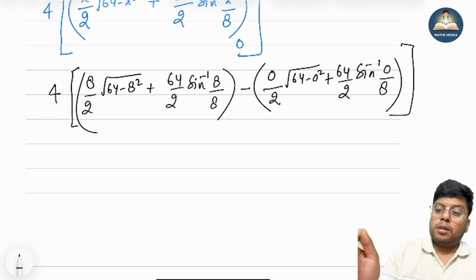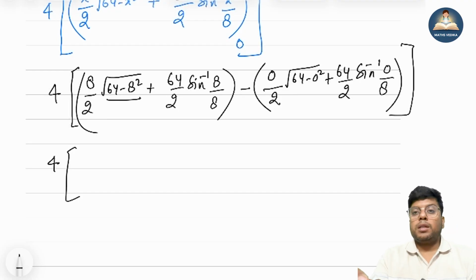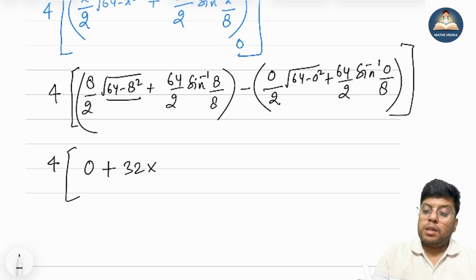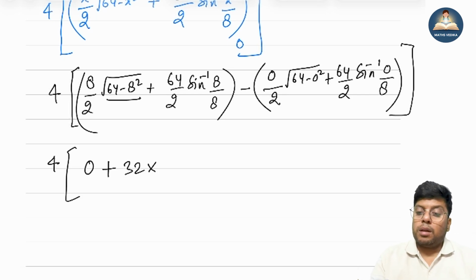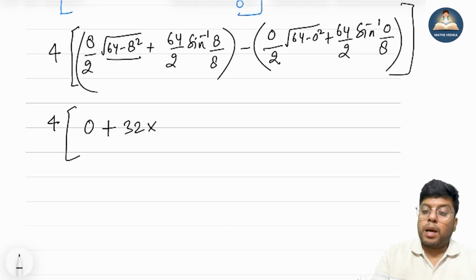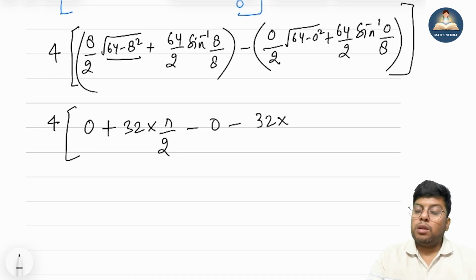Here 64 minus 8 square is 64 minus 64, so this will be 0, plus 32 sine inverse 8 by 8, that is sine inverse 1, which is pi by 2, minus 0, minus 32 into sine inverse 0, which is 0.